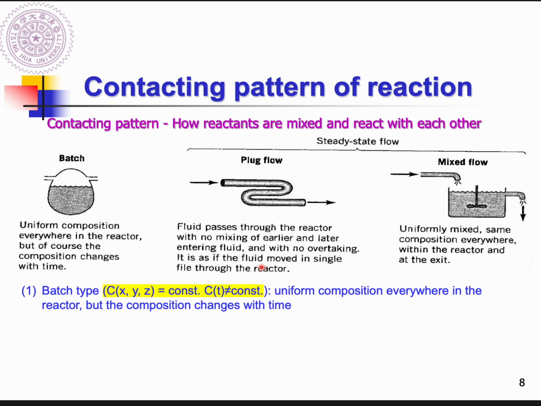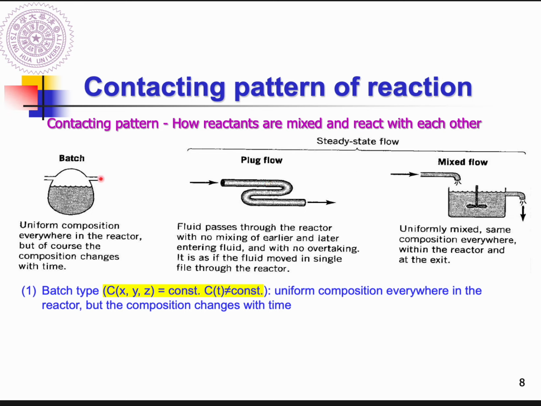We have three different contacting patterns of reactions. As I mentioned before, the contacting pattern is how the reactants are mixed and react with each other, and that depends on how you design your reactors. So what we have here is batch type, plug flow, and mixed flow.